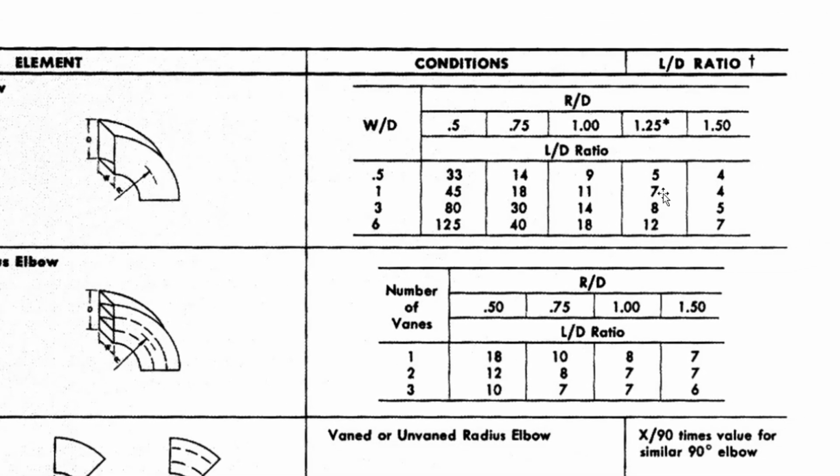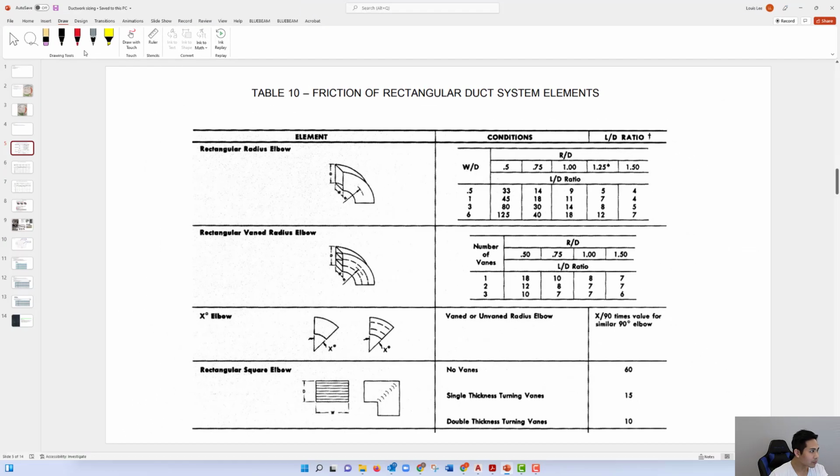So the L/D ratio equal to 7 means that the L is equal to 7 times the D. In this case, the D was 28 inches.